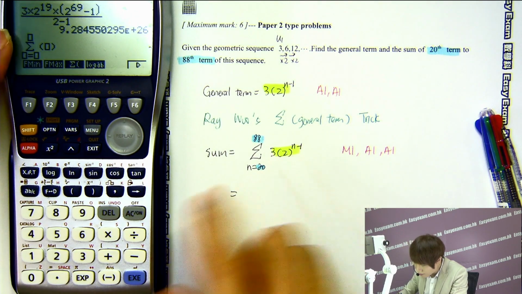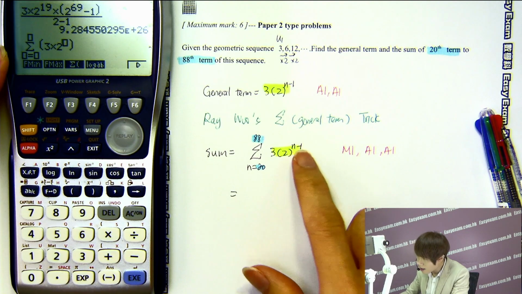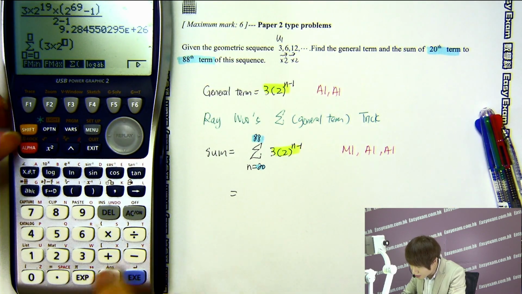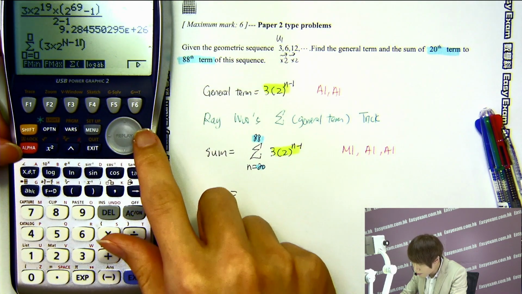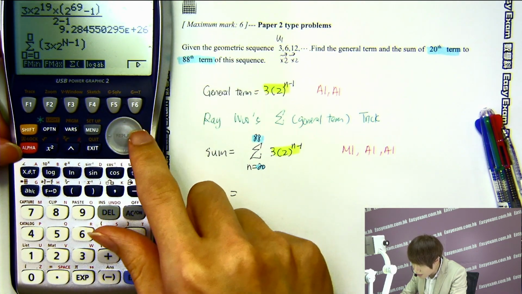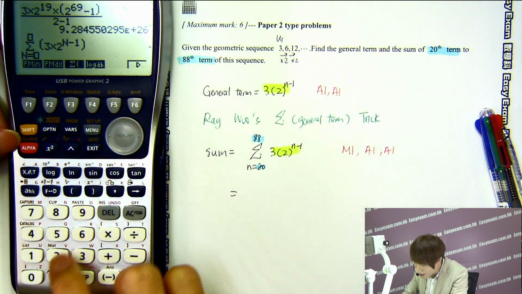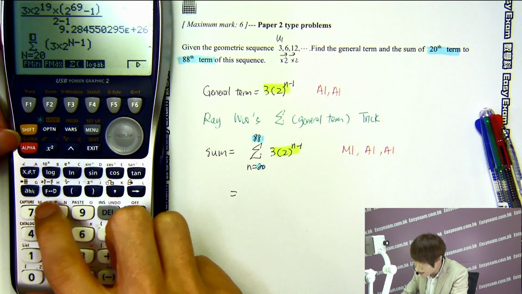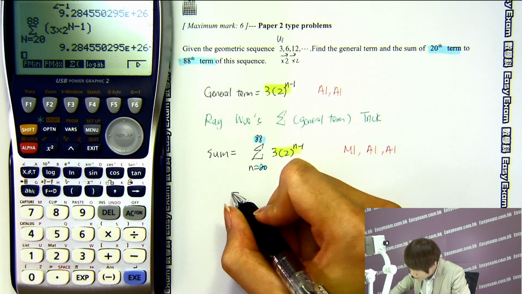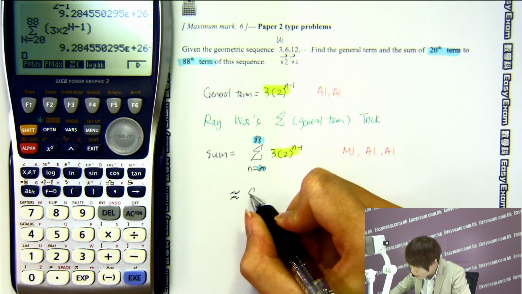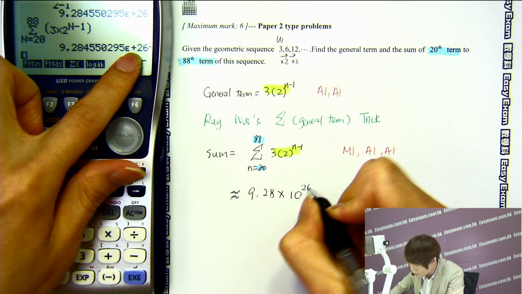So 3 times 2 to the power n minus 1, and n here can easily be typed by pressing alpha x for n, and then minus 1. Then right arrow, and n equals 11, so alpha x for n again, and then right arrow, 20, press the up button, then execute. Now you got your answer. Correct to 3 significant figures, we have 9.28 times 10 to the power 26, okay?